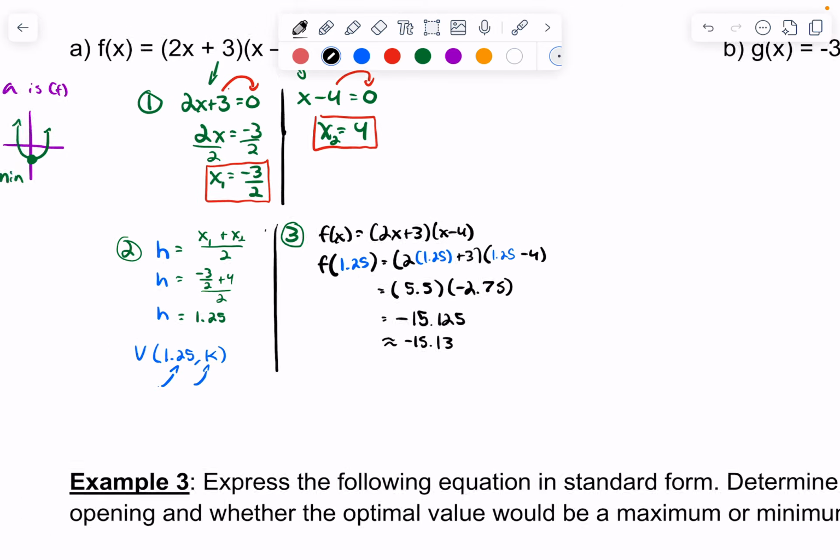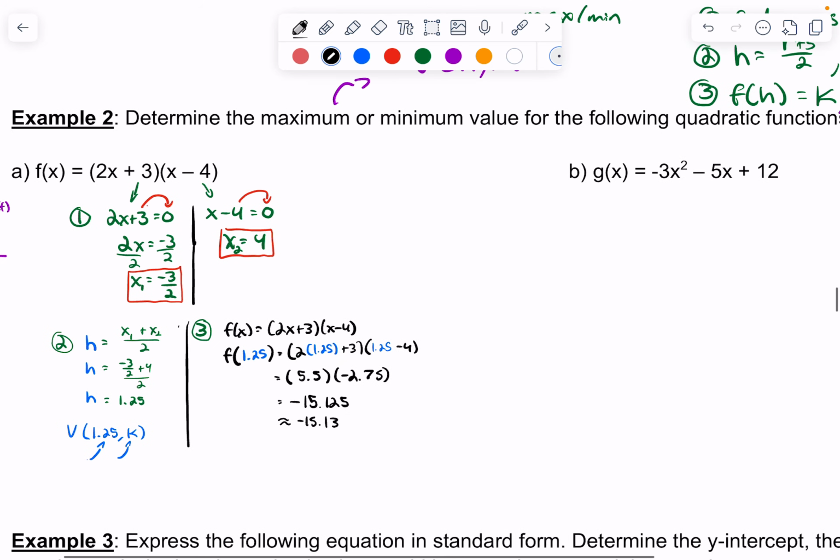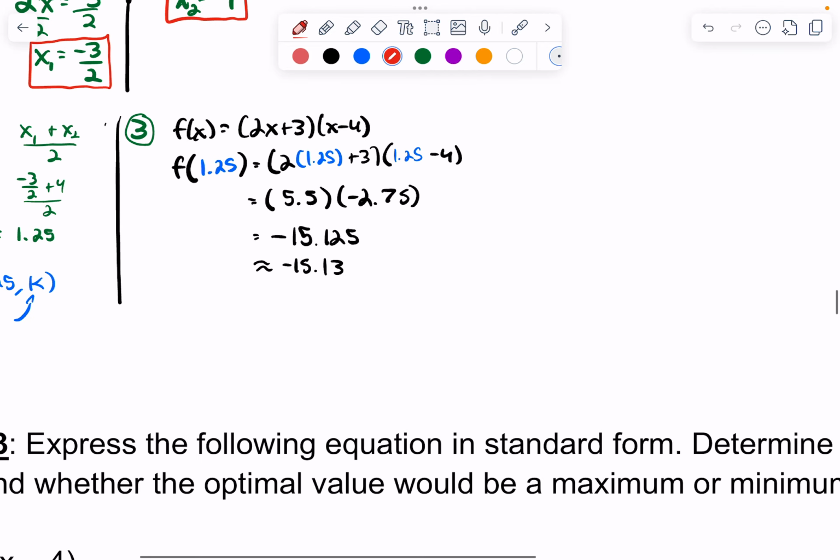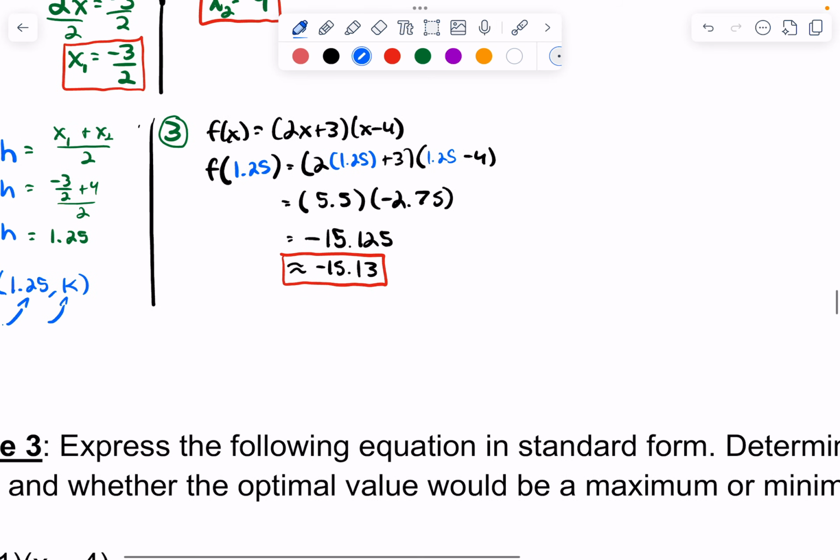So what was the question asking? Determine the minimum or maximum value. So this is the value right here, right? Because there is our vertex, that is the y-coordinate of our vertex, that is negative 15.13.